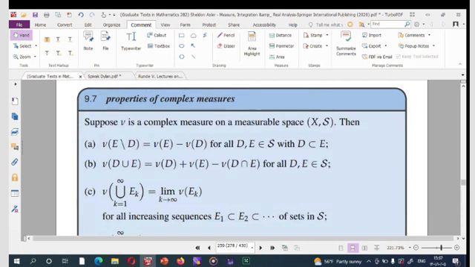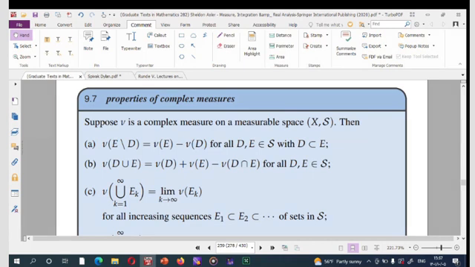in this proposition we see some properties for complex measures. Let mu be a complex measure on this measurable space.